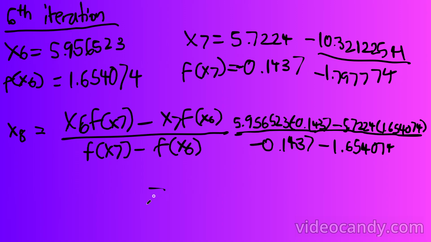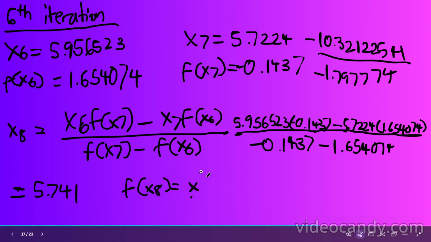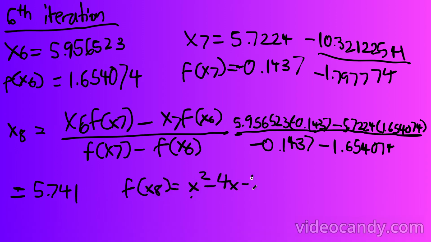Okay, so that's the answer, 5.741. Yeah, so 5.741. Okay, as for the f of h8, it is h squared minus 4h minus 10.